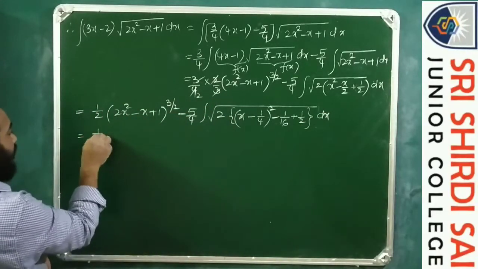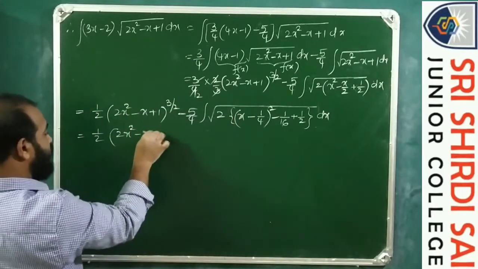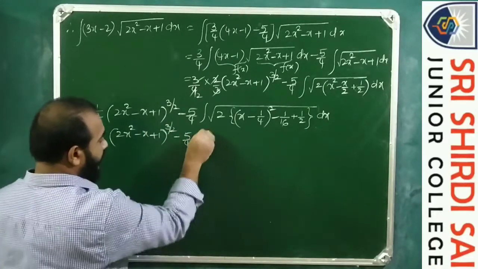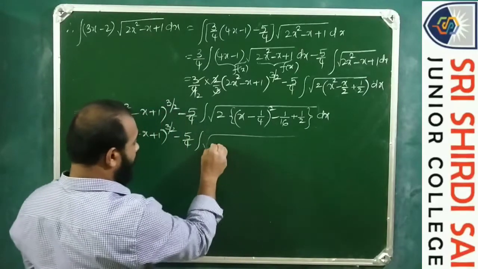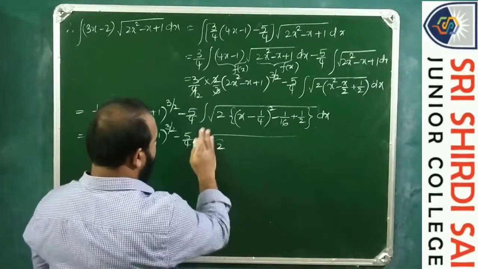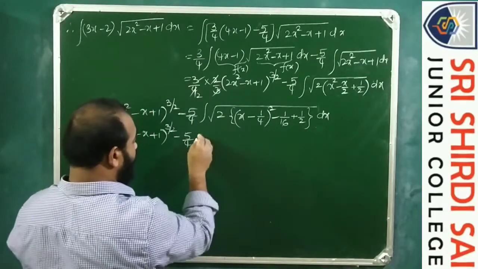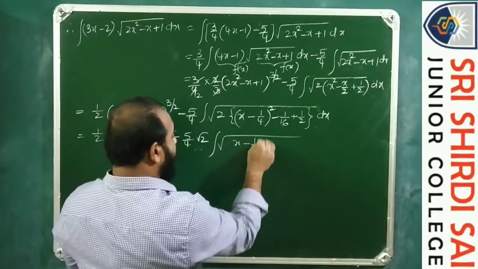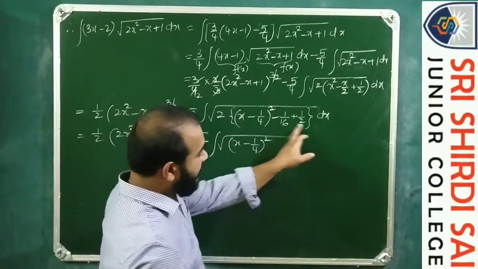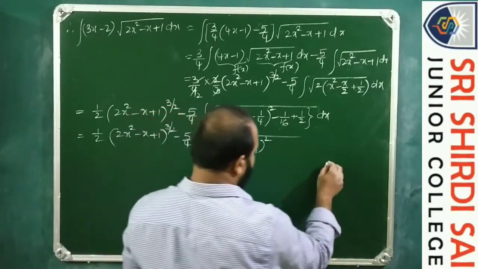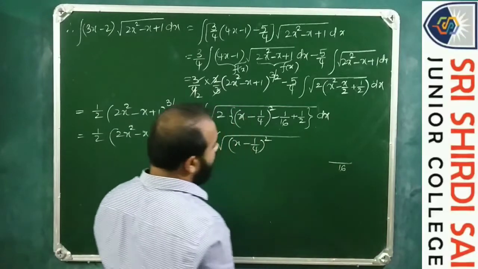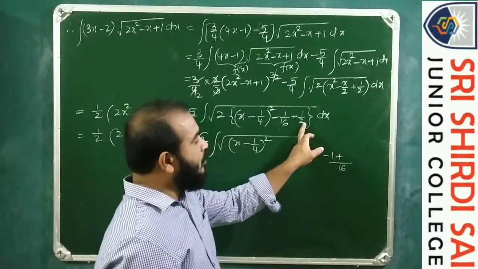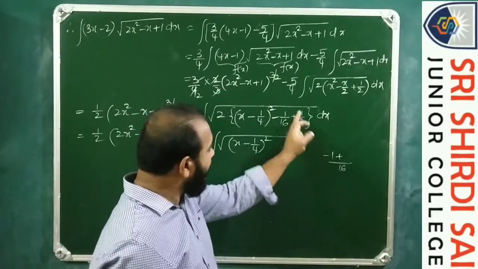This is equals to 1/2 into (2x² − x + 1) whole power 3/2 minus 5/4 into integral of root of 2 into, otherwise this root 2 if you write it outside, then this is (x − 1/4) whole square. 16 is LCM, so 16/16 is 1, so minus 1 plus 16/2 is 8, 8 ones are 8.